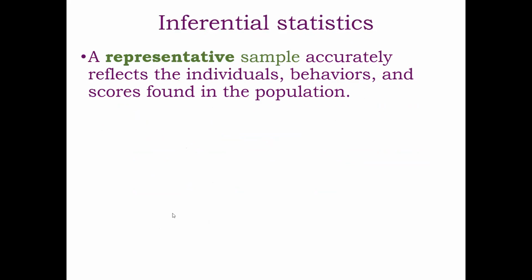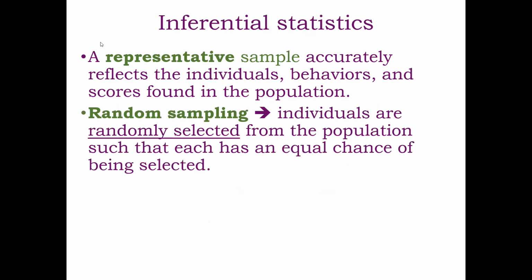A representative sample accurately reflects the individuals' behaviors and scores found in the population. In our example, it was the curve when I showed you what the mean would be: the mean of the sample is more or less equal to the mean of the population. Random sampling just means that all the individuals in the population have an equal chance of being selected, and they're selected at random.